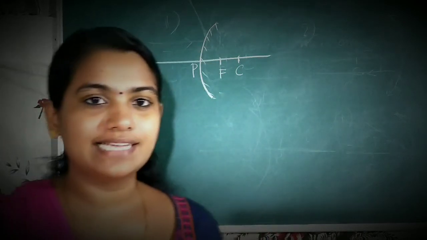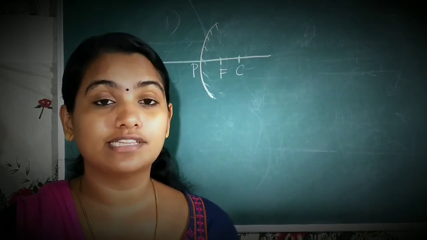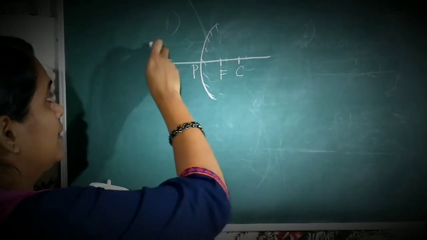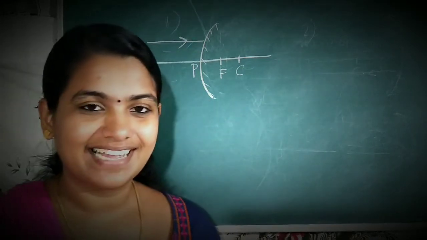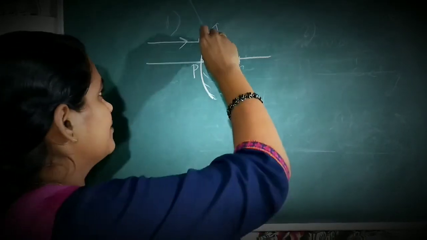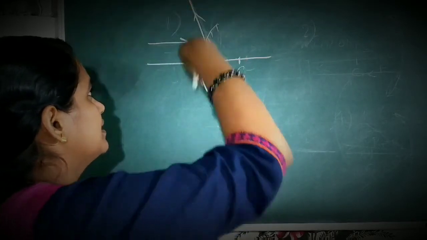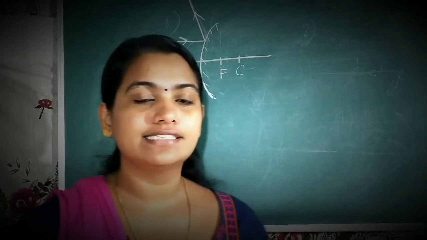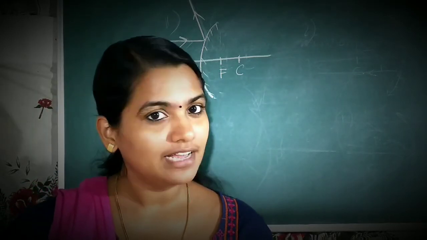So the first case is if the light ray is incident on the mirror passing parallel to the principal axis. Then in this case, the reflected ray will be like this. It's seen like diverging from the principal focus.